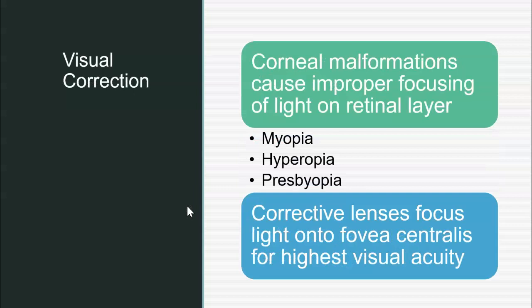So, visual correction: cornea malformations cause improper focusing of light on the retina layer. There are different kinds: myopia, hyperopia, and presbyopia. Corrective lenses focus light onto the fovea centralis for highest visual acuity.